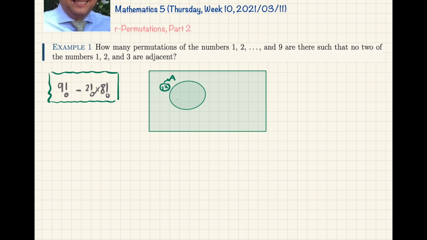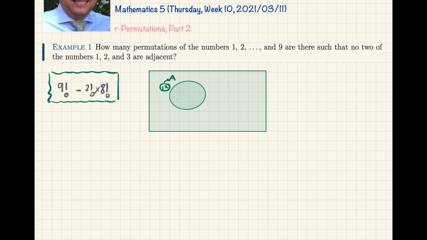Let me ask your understanding. Do you think it is good to draw that one in this way, or should I have some intersection with this one? Let me repeat my question. I want to write B as the collection of all permutations in which 1 and 3 are adjacent. Do you think this is a good way of drawing, or I should have some intersection with that?